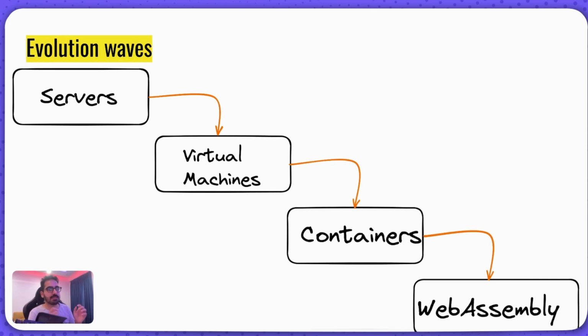And best, as the startup times are instantaneous, it powers the next generation serverless. That is why many of the startups in the WebAssembly ecosystem are providing next gen serverless services based on WebAssembly, because it actually makes sense. Because of the cold startup time, there's no concept. It just starts instantaneously. So those are the evolution waves when we talk about servers, virtual machines, containers, and WebAssembly coming next.